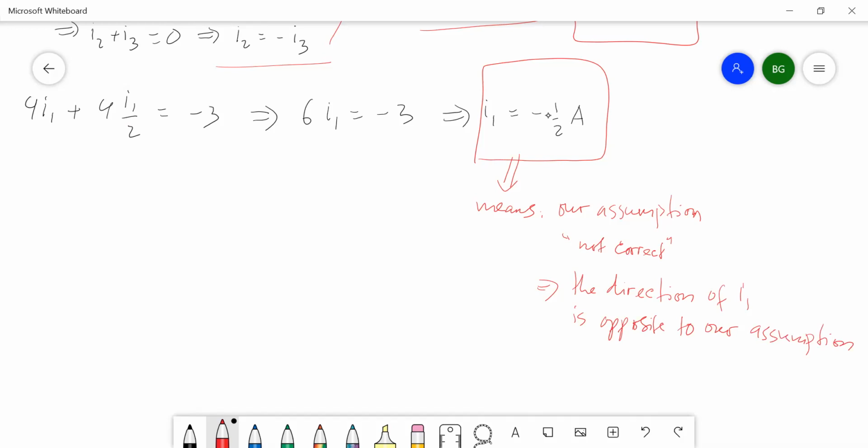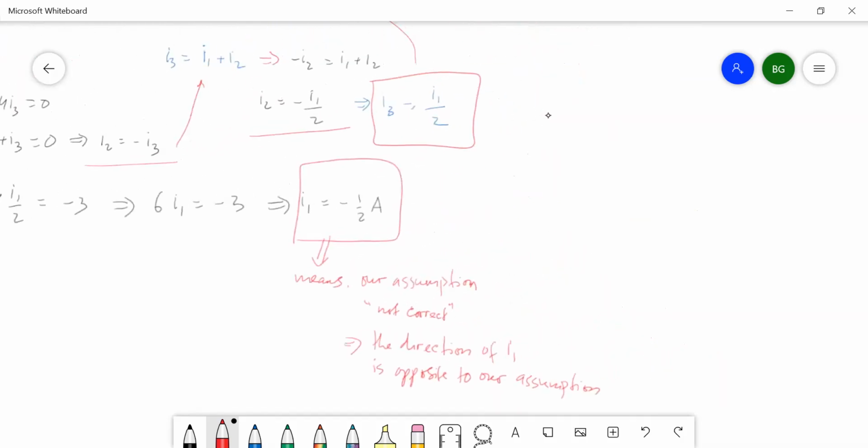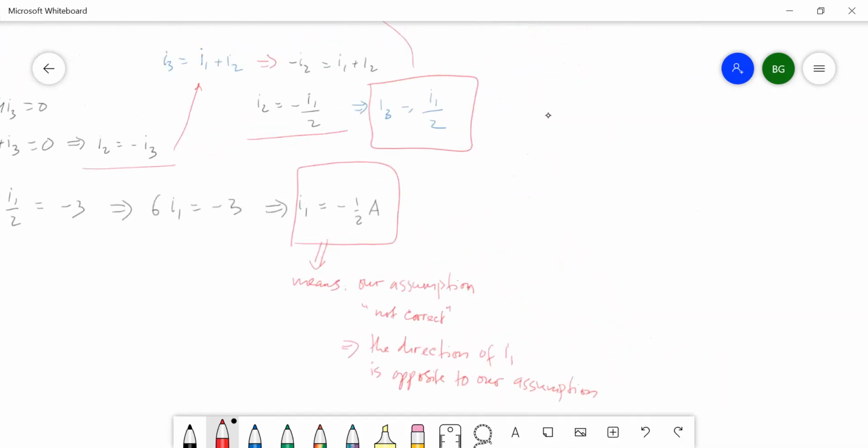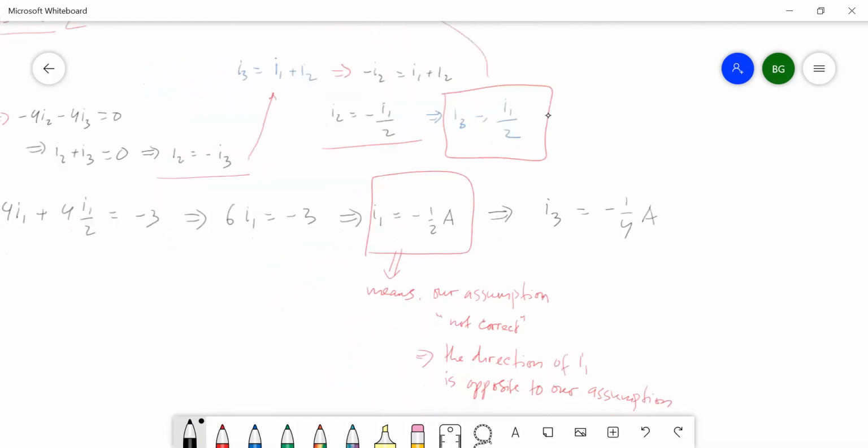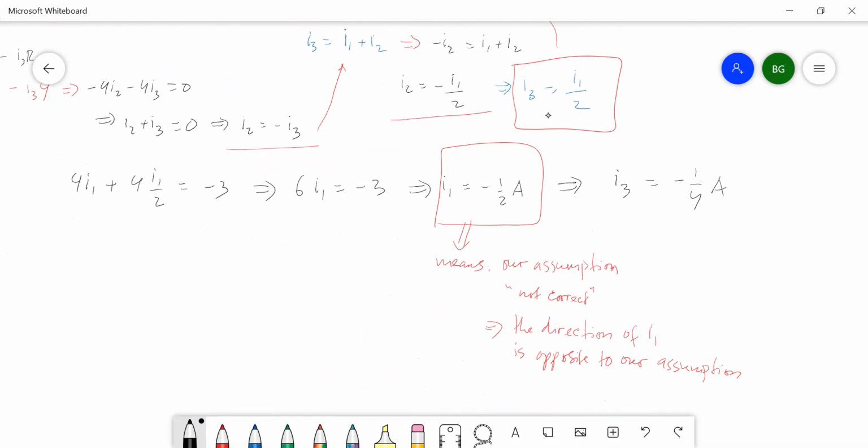What about I3? I3 is I1 over 2, so this should be minus a quarter ampere. What about I2?